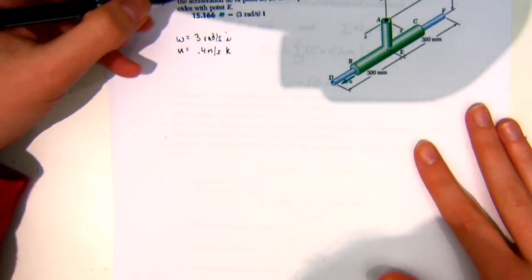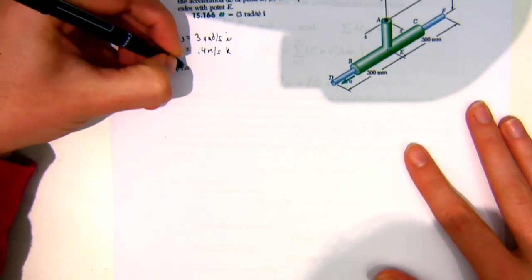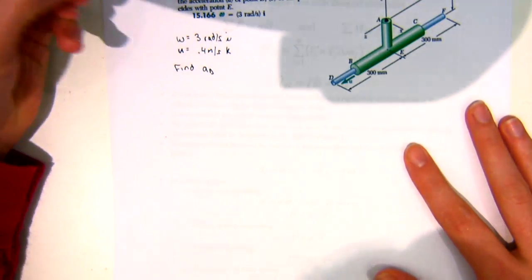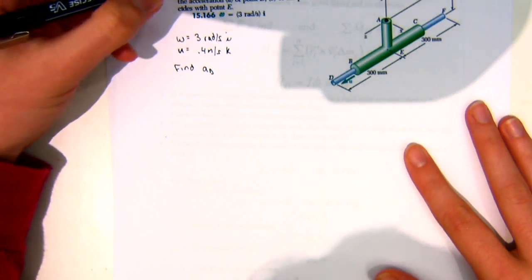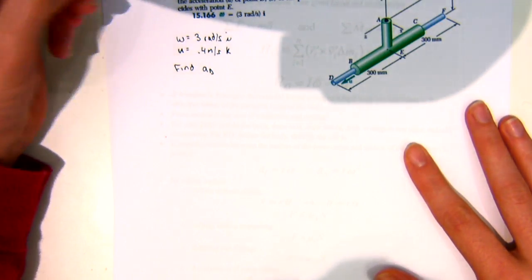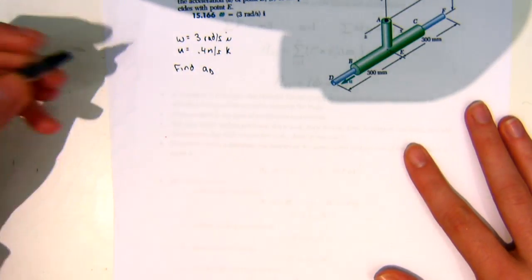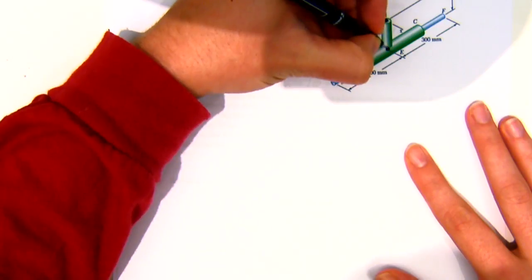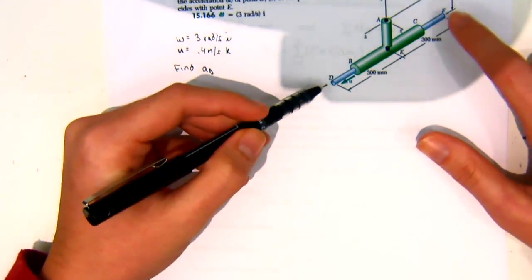For the given angular velocity omega, find the acceleration of point D and the acceleration of the point of rod DF that coincides with point E. Basically, there's a point right here on the rod DF, and they want the acceleration of that point. The way they word it is really weird.